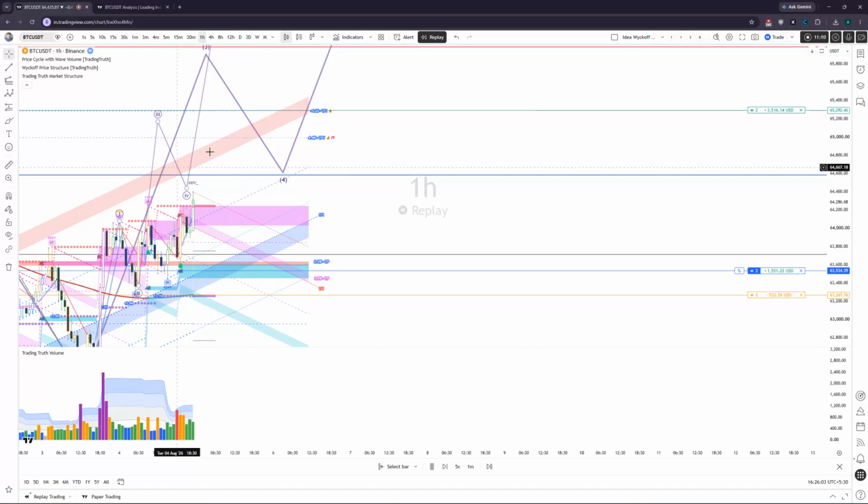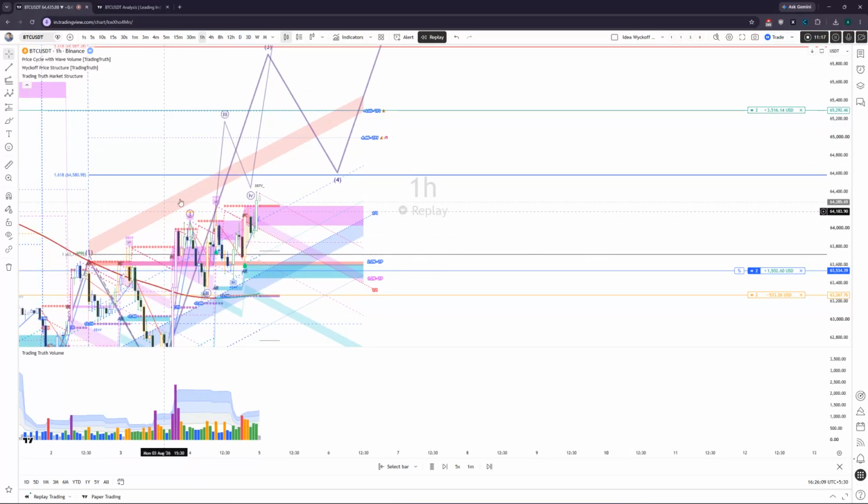I might unload a couple of shares when it comes to this red line because that's the ending channel there.